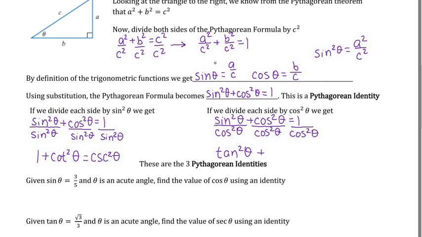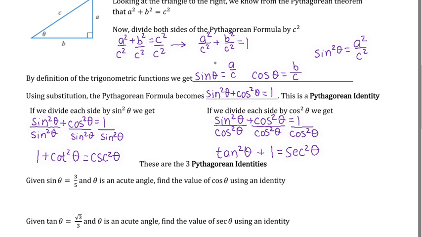Cosine squared theta divided by cosine squared theta is equal to 1. 1 divided by cosine is secant, so 1 divided by cosine squared is secant squared theta. Now, as you see there, these are the 3 Pythagorean identities.